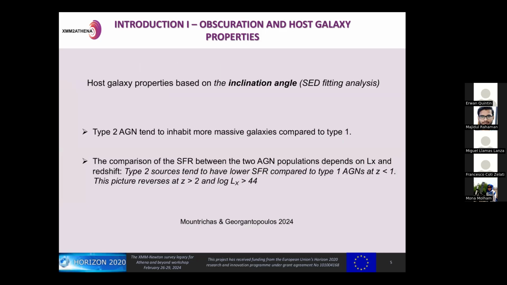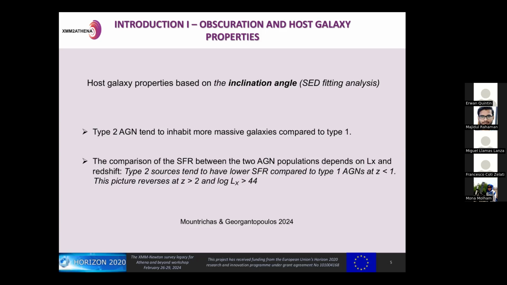More recently, in a paper that we published with Georgios Mountrichas earlier this year, and this is also accepted for publication in A&A, we used a different way to classify sources. We used the value of the inclination angle as it is measured through SED fitting using the CIGALE code.